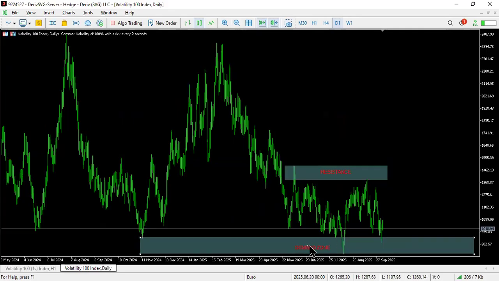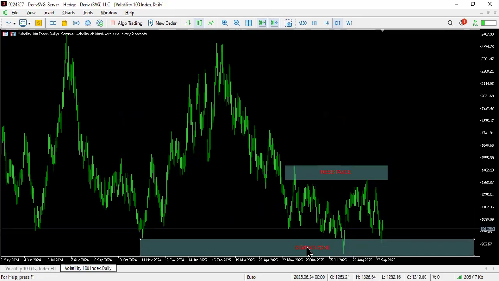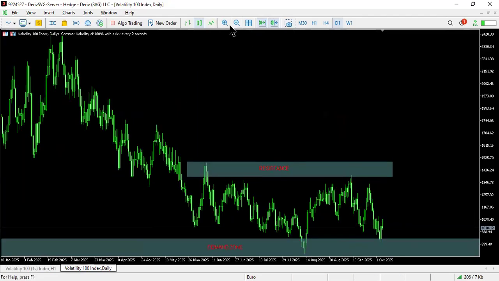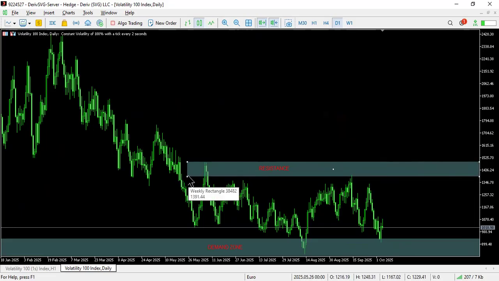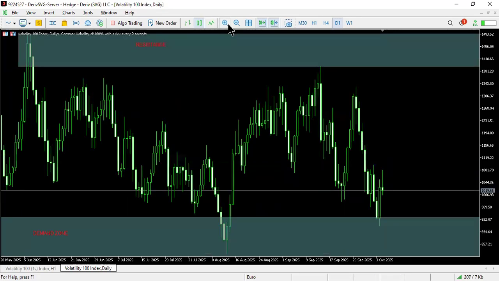So I like to wait. I have not been trading this VIX 100 because I'm not liking the way it's moving currently, because it's just ranging. And personally, I don't like trading ranging markets. So I'm just gonna observe what is happening here.